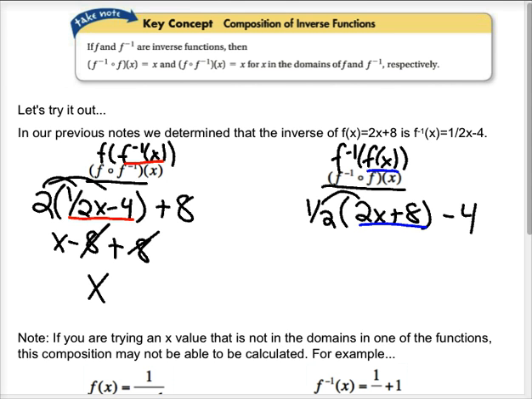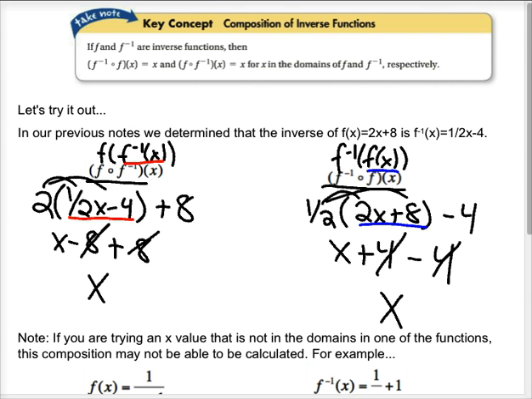Now distribute the 1/2, so you get x plus 4, then minus 4, and look, it happened again. In both situations, you just get x back. It's because everything else is undoing itself, because that is what inverses do. They undo each other. So the composition, you would always just get x back.